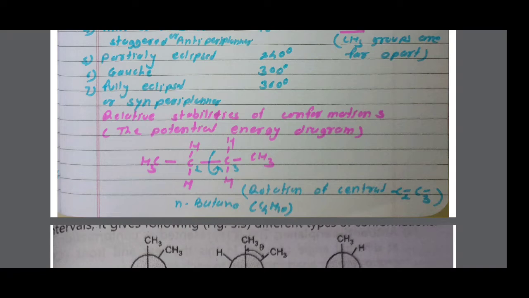In case of butane, the rotation about the central C2 and C3 carbon sigma bond is sterically hindered due to the repulsive interaction of the larger bulky methyl groups. Thus, while rotating the C2 and C3 bond by 60 degree intervals, it gives the following different types of conformations.